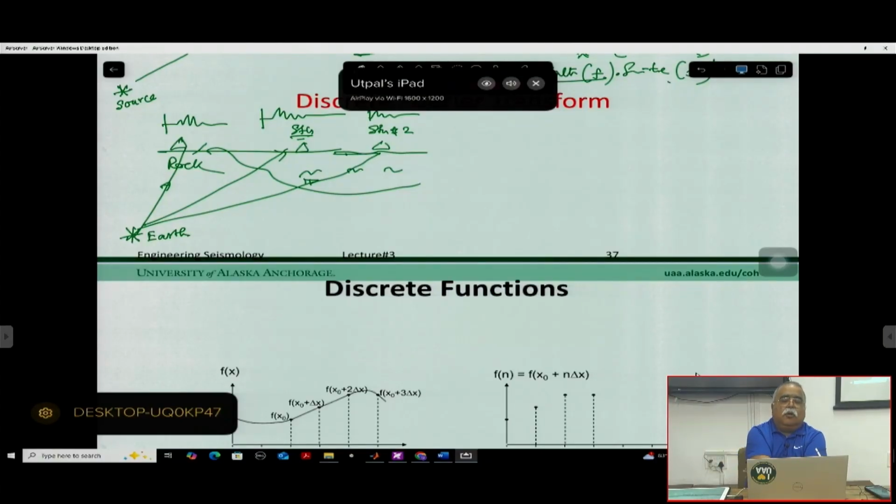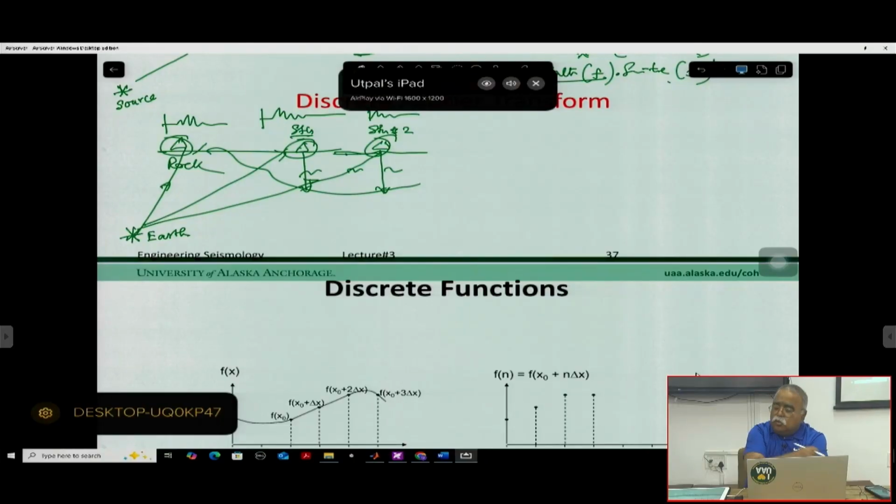Because that will not change as much. But what will change is the response of this alluvium basin, because this might be much more, and this one is on rock. So they will not amplify, but this will be amplified, and that we need to take care of.